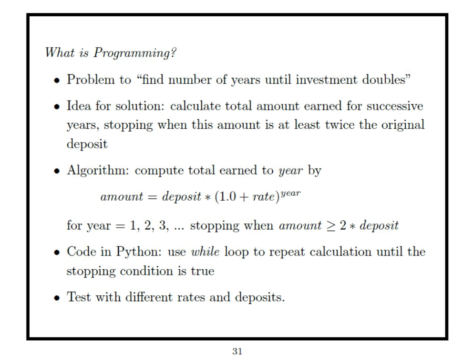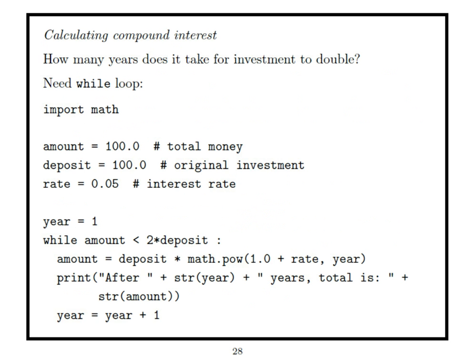And we tested that, and we found that that program did work correctly. We actually managed to improve the program to make this computation more efficient by removing the power here and simply multiplying by 1 plus rate for each year that passes.